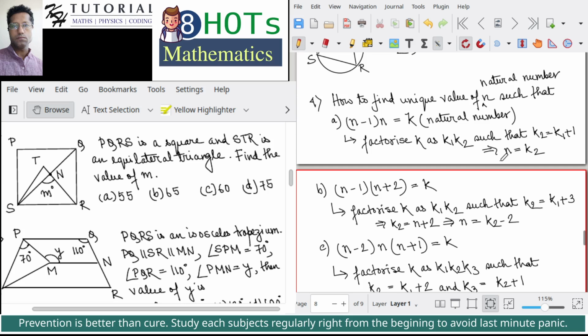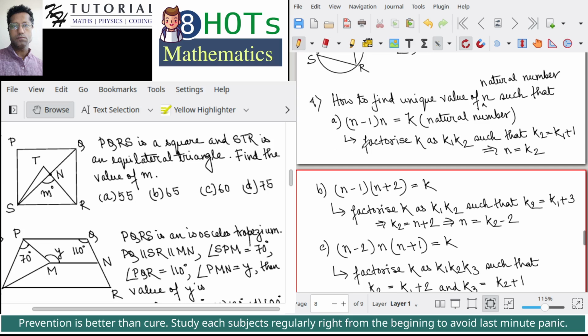If you can find k1 and k2 as factors of k such that k2 is 1 more than k1, then k2 will be equal to n.